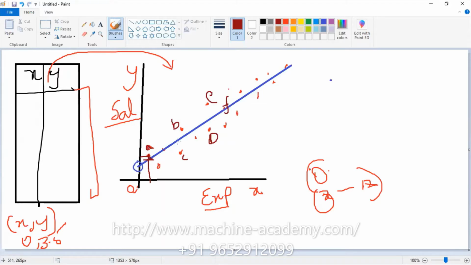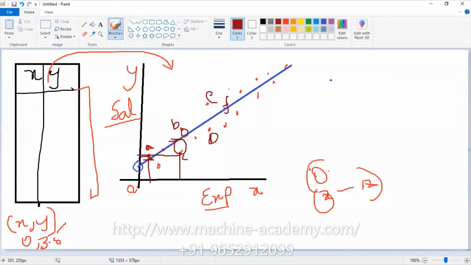Now let us take the C person, based on his experience. He is getting some salary, but actually he needs to get this gap of salary. He needs to get this salary, but he is getting a lesser amount. Now if we go to D, D is getting a bit higher salary compared to this one.